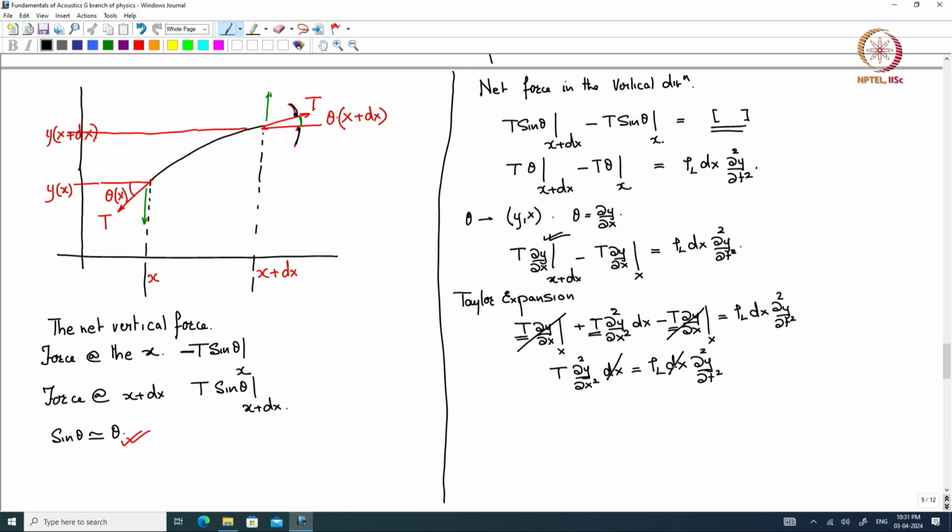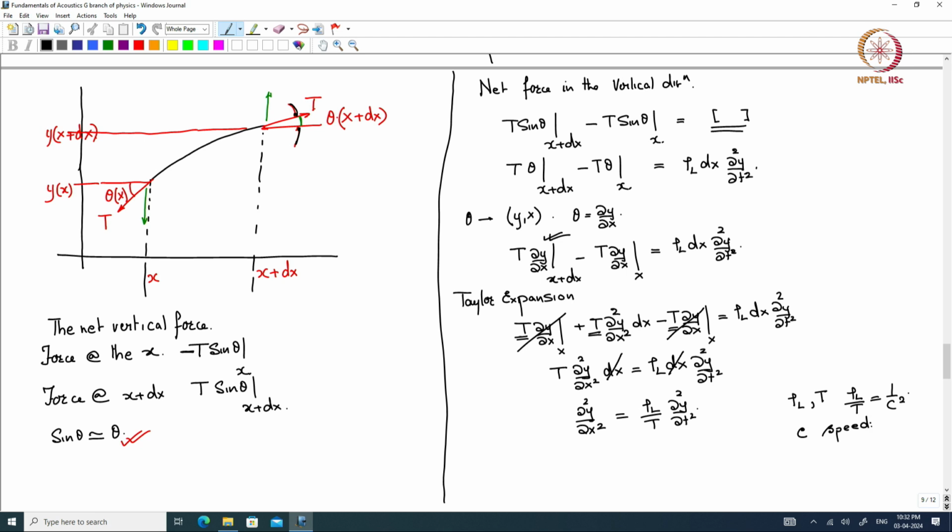If I take out the dx, what I have is del 2y by del x square is equal to rho L by T del 2y by del t square. Rho L is mass per unit length, T is tension, which has force units. So, if you look at the units, rho L by T will be 1 over c square, where c has units of speed.